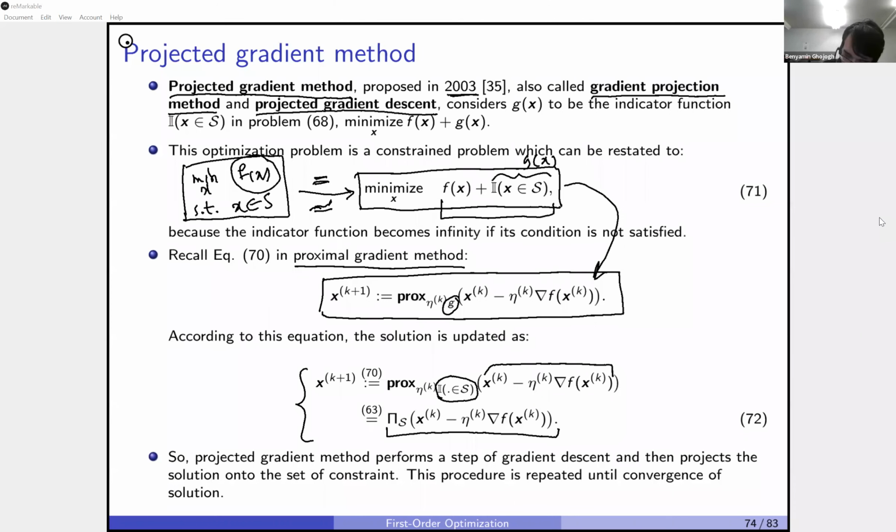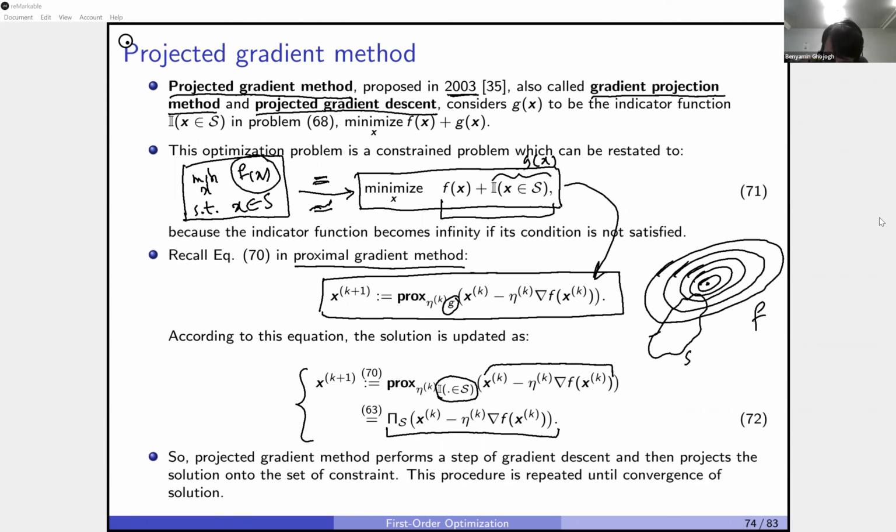For example, assume you want to minimize this function f, and this is your feasibility set. You start with a feasible point. You do the gradient descent, and you become here, for example.